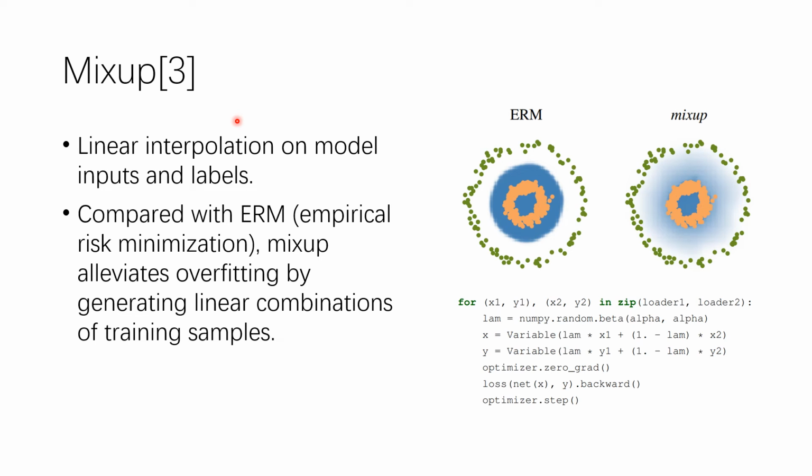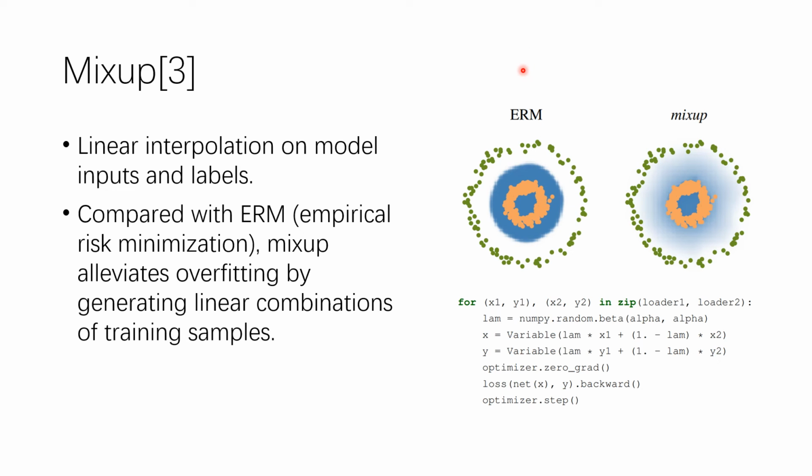The next one is what we call mix-up, which is a little bit tricky. Deep learning applies the idea called empirical risk minimization, which basically means to minimize the risk or the loss on your training data. This might cause problems because you may want to generalize to distributions which your training data doesn't cover, just like the blank area between the green circle and the orange circle around here.